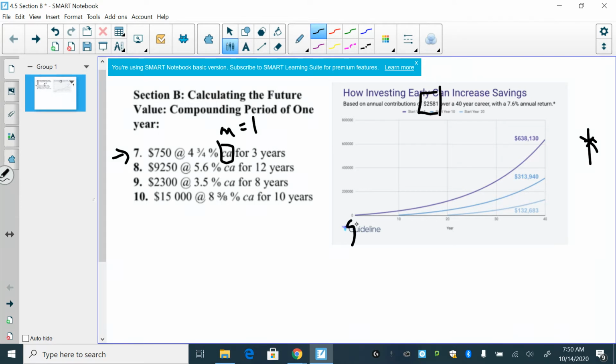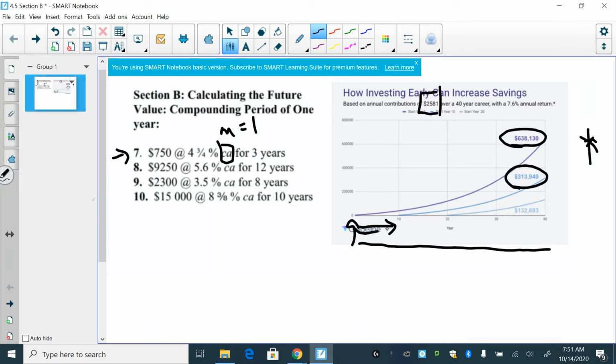Starting at 0, if you do it for 40 years, putting in $2,581 once a year, it'll grow to over $600,000. Because remember, any interest you earn from the previous year, you're earning interest on that interest. But if you start 10 years later and do the same thing, it's almost half the amount of money that you get.